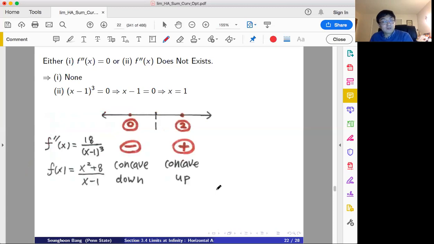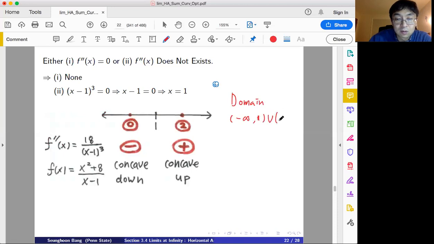Do we have an inflection point? No, in this case, no. Remember, what's the domain? The domain is all real numbers except 1. 1 is not in the domain.